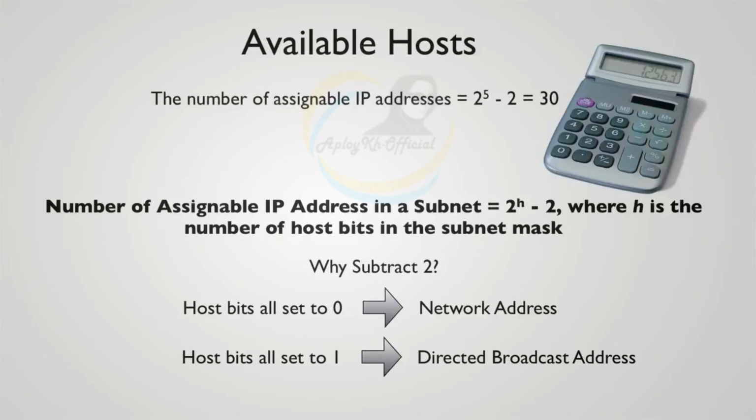Well, it's going to be 2 to the power of 5 minus 2. Again, we're subtracting 2 because we cannot use the IP address where all the host bits are set to a 0. That's the network address. We cannot use the IP address where all host bits are set to a 1. That's the directed broadcast address. So we have to subtract 2. 2 to the 5th minus 2 is going to be 30. 2 to the 5th is going to be 32, and we subtract 2. That gives us 30 assignable IP addresses.